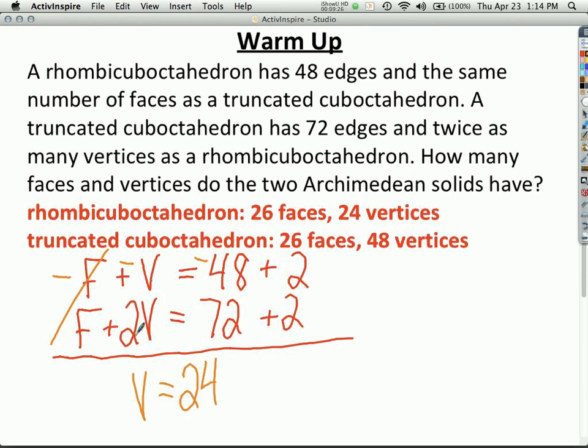So, comments, questions? Anyone able to pronounce it? Can you pronounce it 4 times without stopping? Nathaniel? Rhombicuboctahedron, yeah.